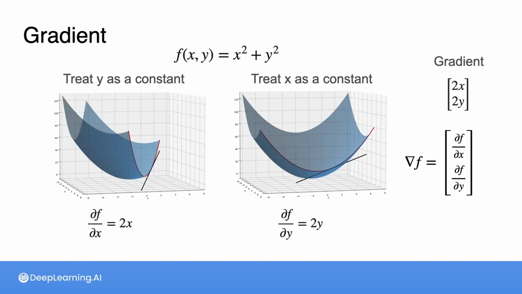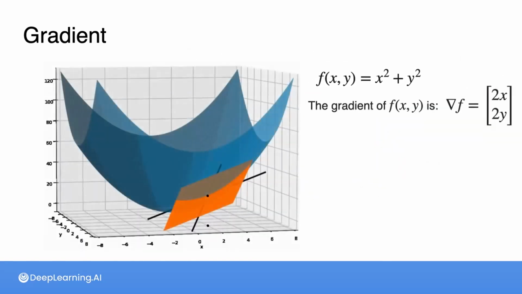So in this case, it's a vector of 2 entries because the function has 2 variables, but if the function had 17 variables, it would simply be a vector of 17 entries, each one corresponding to the partial derivative of the function with respect to each one of the variables. So this gradient, in this case (2x, 2y), is a pretty good description of the tangent plane because it describes the slopes of the 2 lines that form that tangent plane.